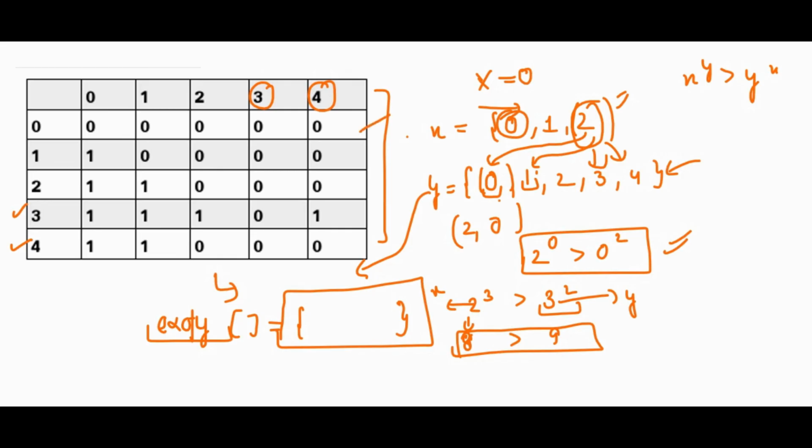If we have 1 in x, then we only have to count the number of zeros in y. That will be our answer. And if we get 2, we have to count zeros and ones only. For 3, we have to count all the numbers, we just do not count 3. For 4 as well, you have to take care of this table.